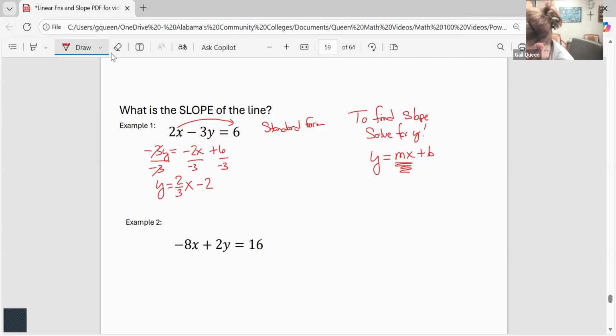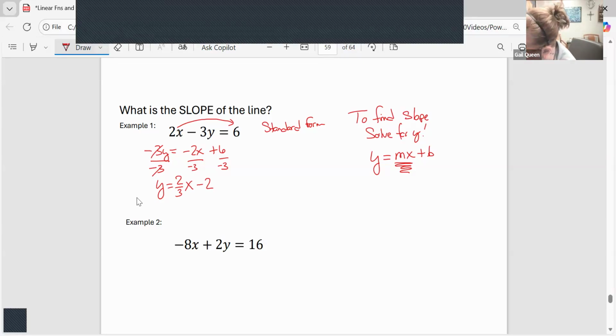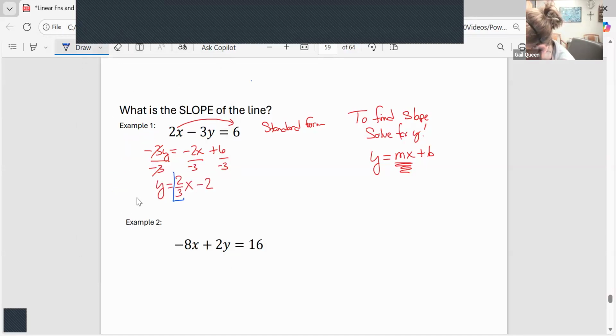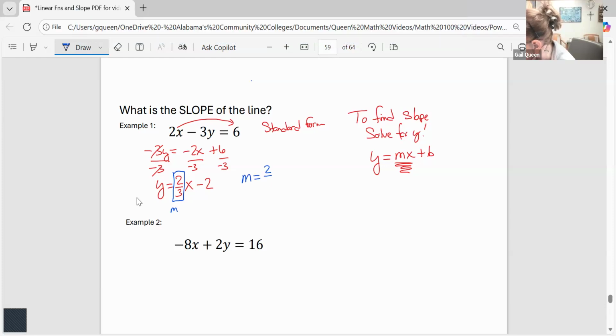Negative 2. That's the equation of my line. Now, when you have it solved for y, the coefficient of x is your slope. So the slope of this line is 2/3. To find the slope of a line, solve for y. Okay? So if it's a tilted line, solve for y.